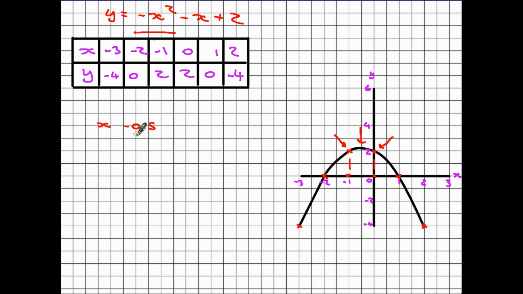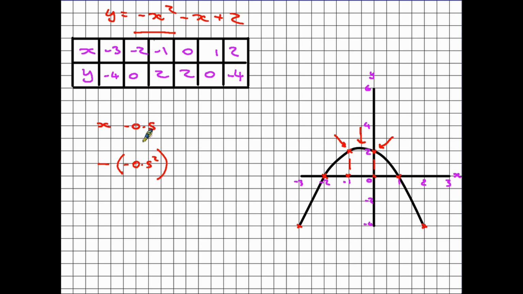Here's where it gets a little tricky. We need to put that value into the equation at the top. So we are looking for minus x squared. Well, x is minus 0.5. So to write that, we need to put minus, minus 0.5 squared. Then it's minus x.